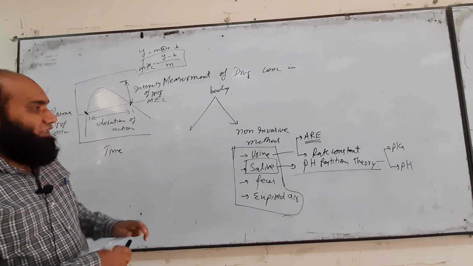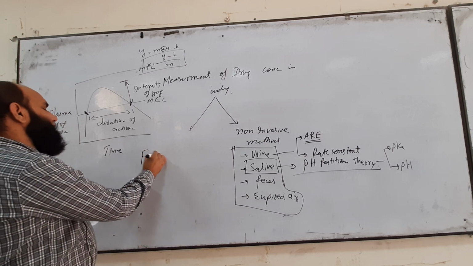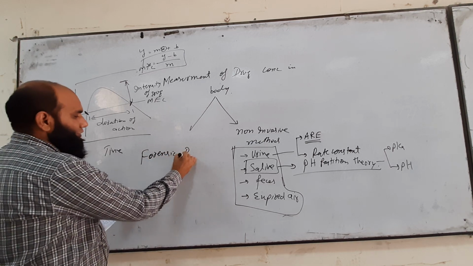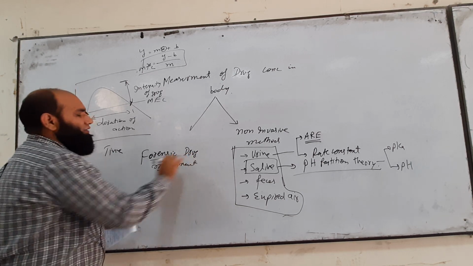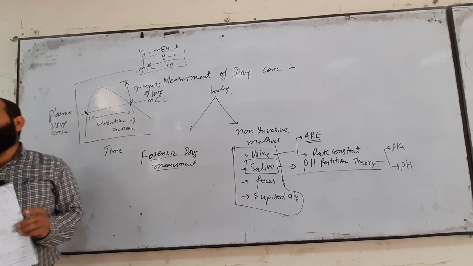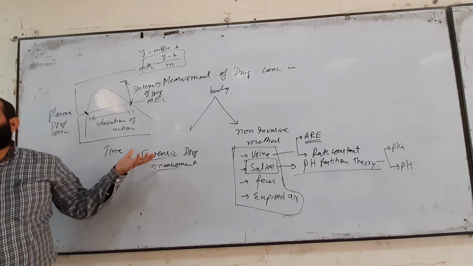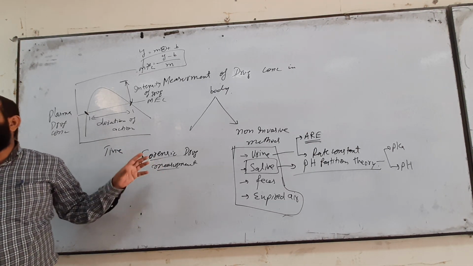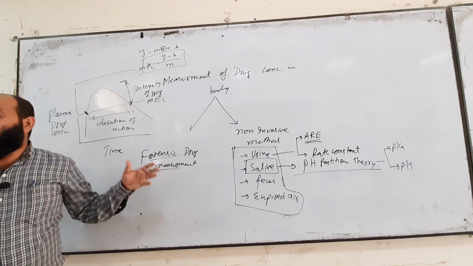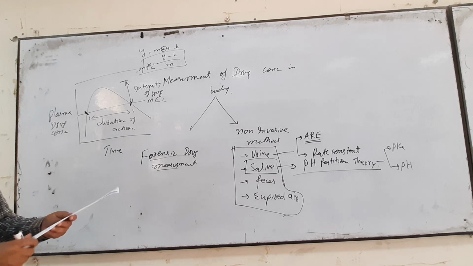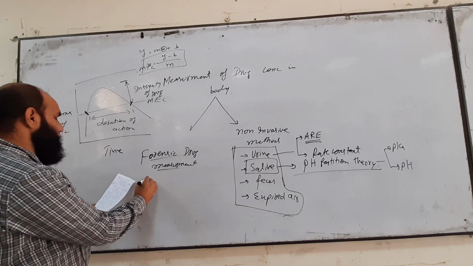And another purpose is forensic drug measurement. In the case of forensic drug measurement, especially for those people who are working on criminal cases and want to measure the amount of drug, whether the casualty is due to some amount of drug or some different conditions in which the drug is involved, we can check some drugs, especially the concentration of opioids.